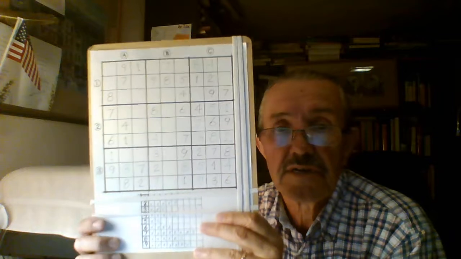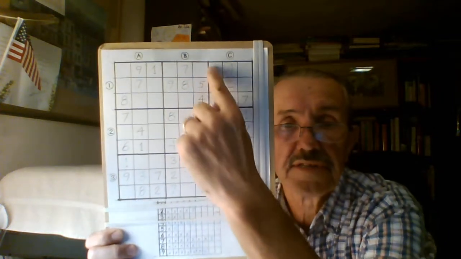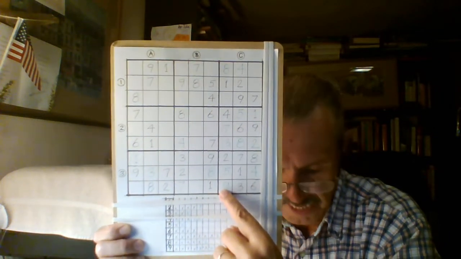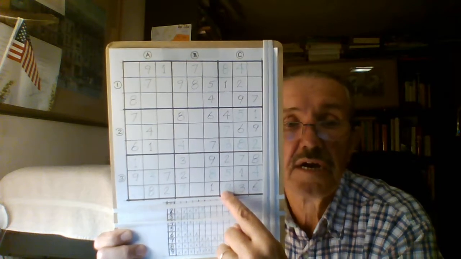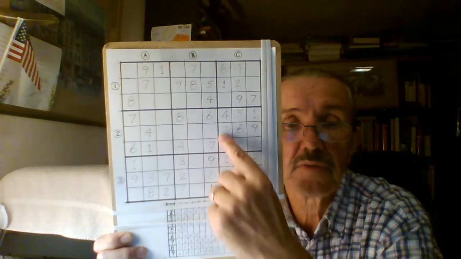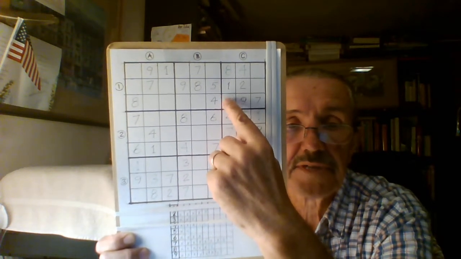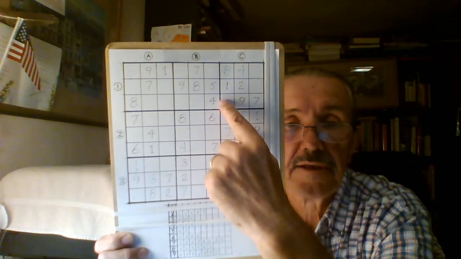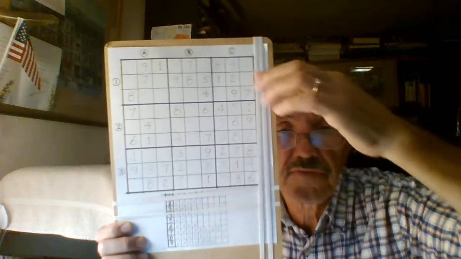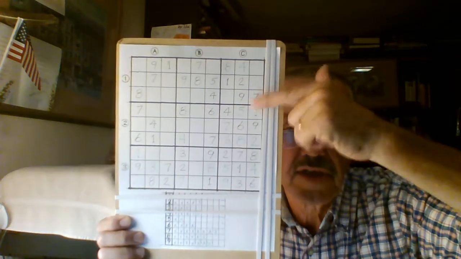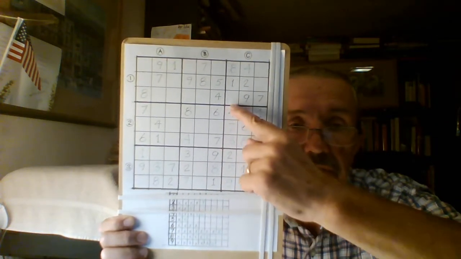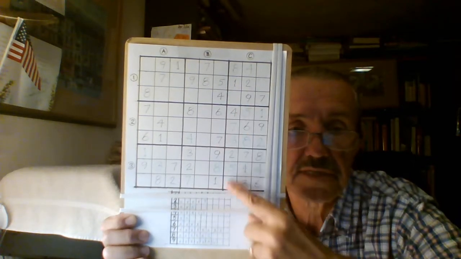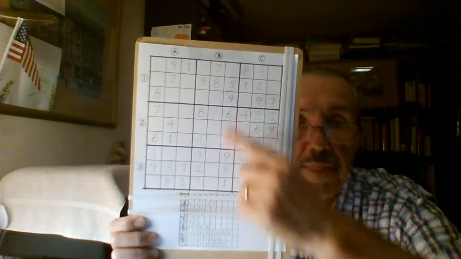Right now you consider these columns, and it has one available space, and this space will be number 6, because every number is there, so 6 has to be over there.